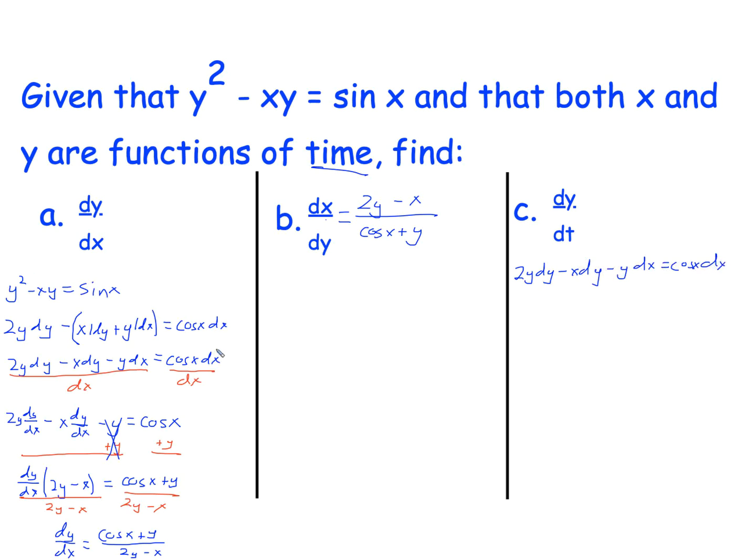So all I did was take this blue part right here and rewrite it, because those first few steps are the same. The different part is we need to divide both sides by dt this time, because we're finding dy/dt.